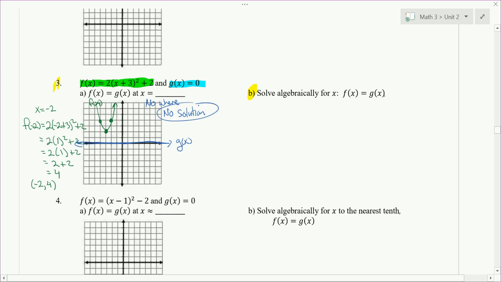Let's see what happens when we solve this algebraically. So we said f of x equal to g of x. We get 2 times the quantity x plus 3 squared plus 2 is equal to 0. I'm going to subtract 2 from both sides.